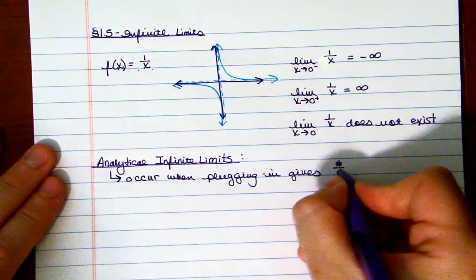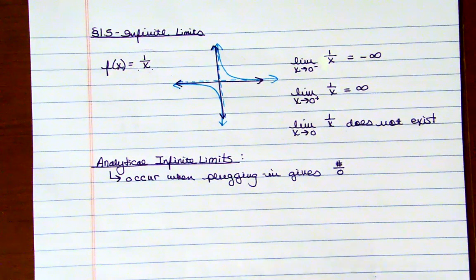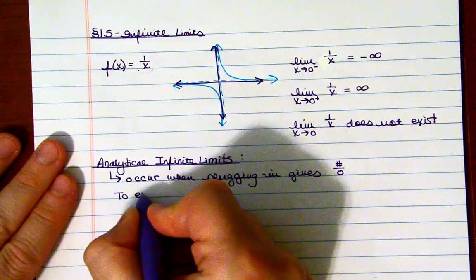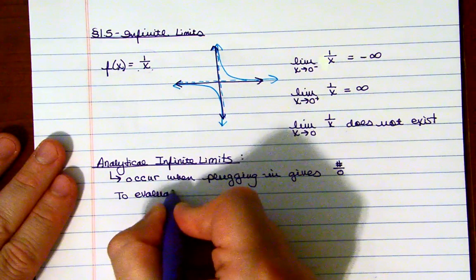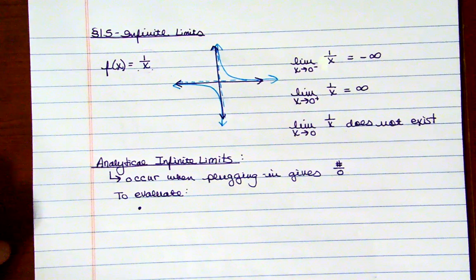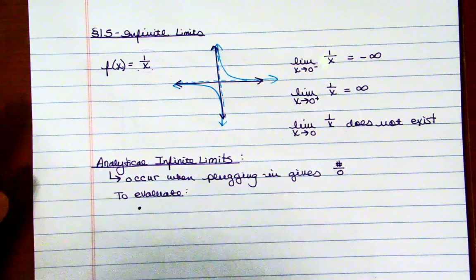So I'm going to start these problems like I always do by just plugging in to see what happens. If I get a number over 0, then I'm going to follow this method I'm about to show you. To evaluate, first of all, if I have an overall limit, I can't handle that right away.